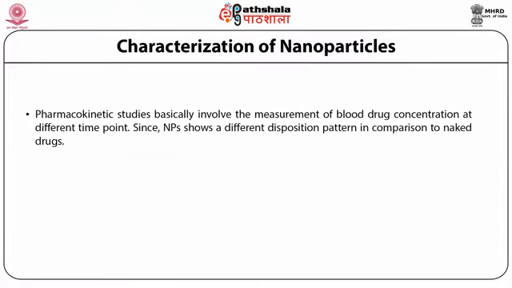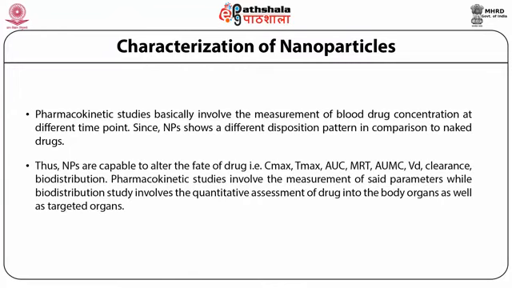Pharmacokinetic studies. These types of studies basically involve the measurement of blood drug concentration at different time points. Since nanoparticles show different disposition pattern in comparison to naked drugs, nanoparticles are capable of altering the fate of drug, that is Cmax, Tmax, AUC, MRT, AUMC, volume of distribution, clearance, biodistribution, etc., and consequently pharmacokinetic profile.